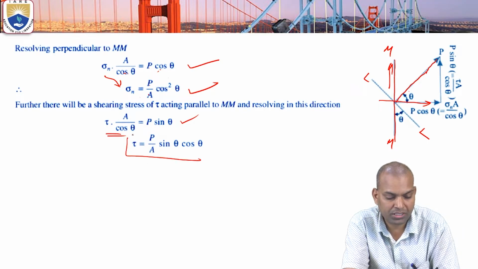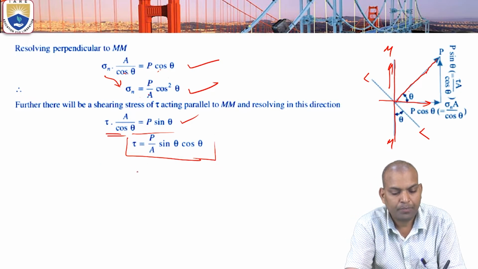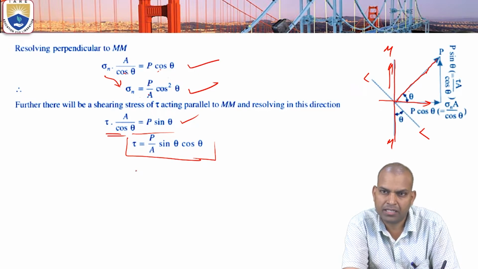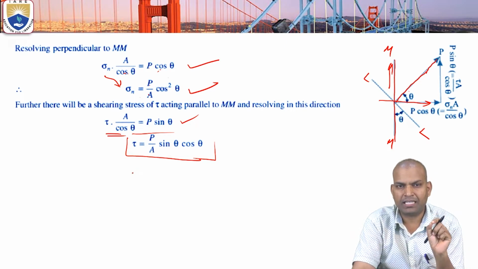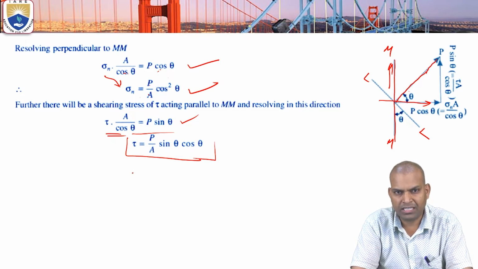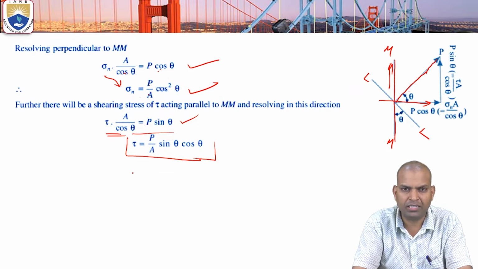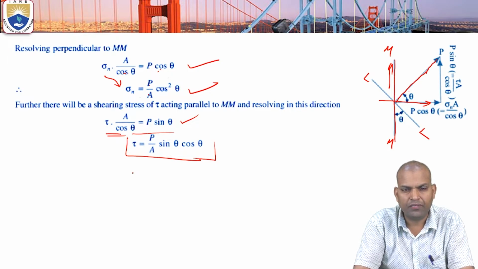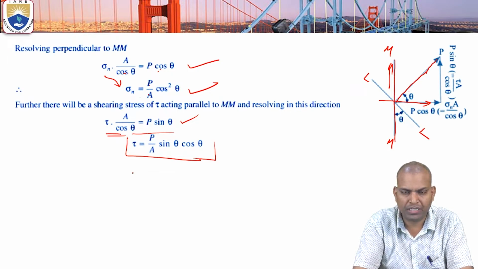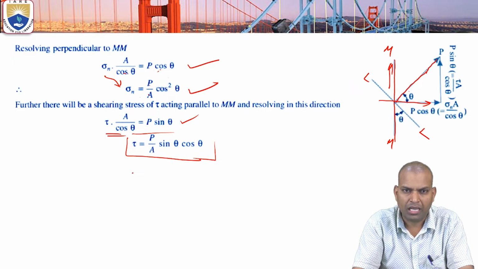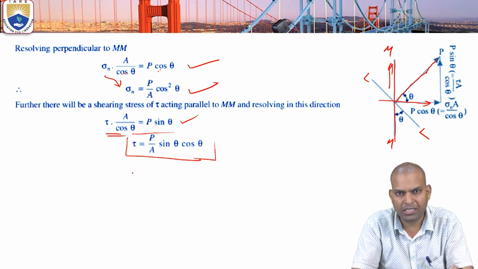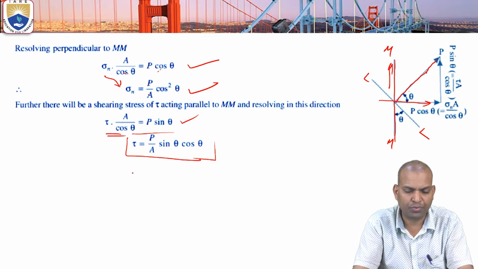From this, shear stress equals P sin theta cos theta by A. So when the load is tensile, there will be tensile normal stress and shear stress. If a compressive load is applied, then again compressive stress and shear stress are produced. The common point is that the shear stress is so important.